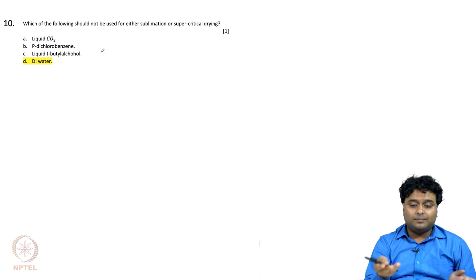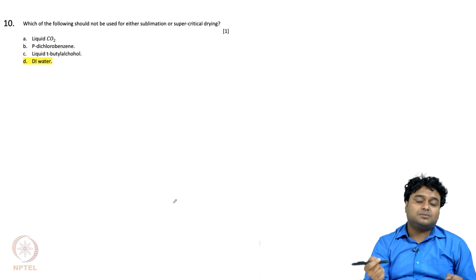So water will not be helpful for sublimation or supercritical drying, because it is not the agent for them. It is there because we get the sample from our last etching or lift off step, so the sample is submerged in DI water, and we cannot help that. We are not using DI water for supercritical drying or sublimation.